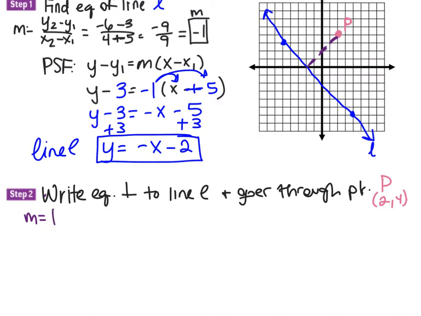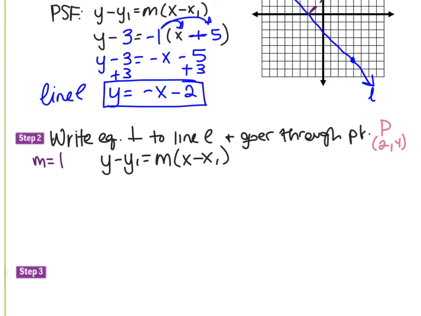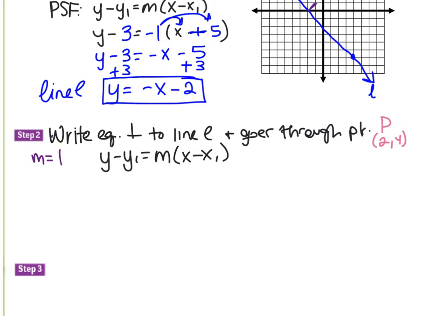We're going to use point-slope form again. This time I'm going to substitute my point P values and my perpendicular slope. So we get y minus 4 equals 1 from our slope, times x minus 2 from point P. Distributing, that gives us y minus 4 equals x minus 2.